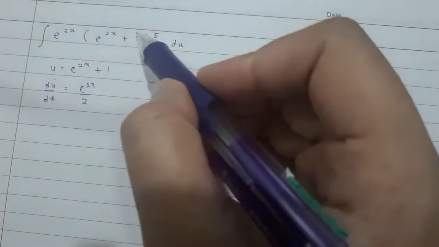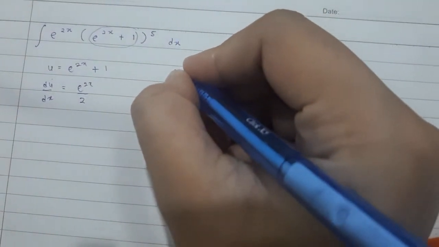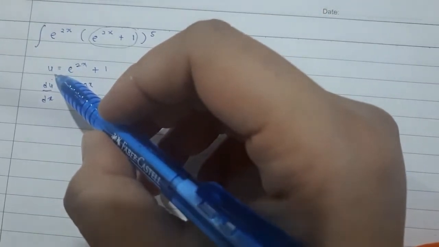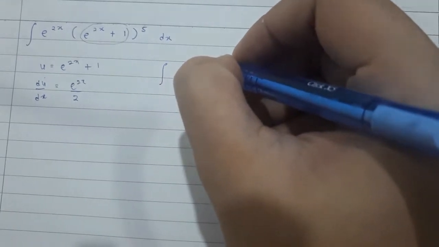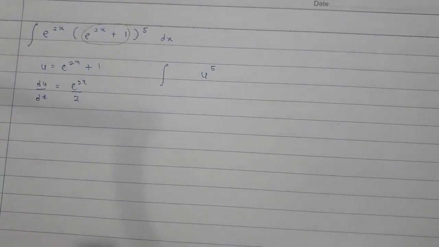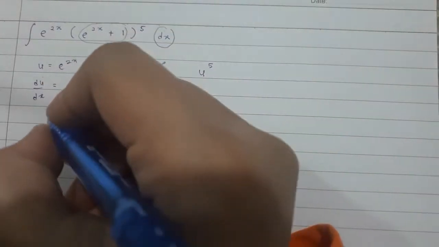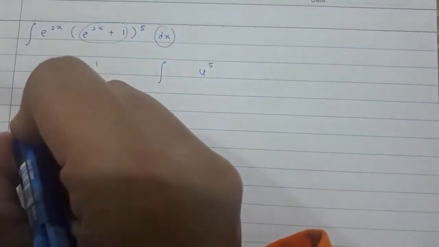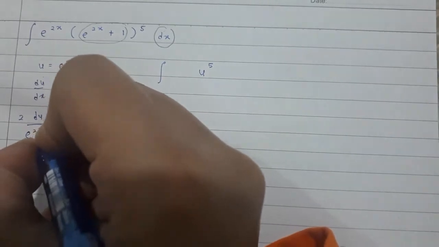Let's start from e to the x plus 1. So integrate, replace e to the x plus 1 by u. So u power 5. Next, I want to replace dx. We can get dx from here. So dx will equal 2 du over e to the x.